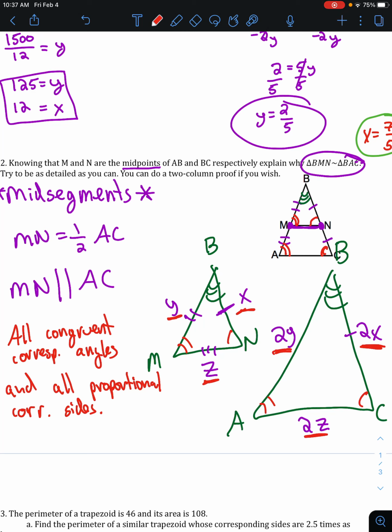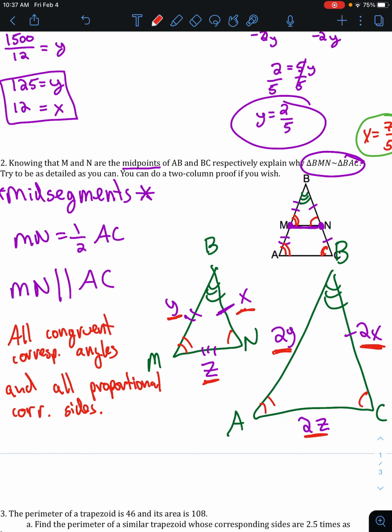So this is enough to tell us that these triangles must be similar, because similarity is defined as having all congruent angles and all proportional sides. The answer key is more of a proof approach to showing this exact information, but this is more of just talking through why we know they're similar, and this is the information you would want to have down solidly for the test or for the quiz.